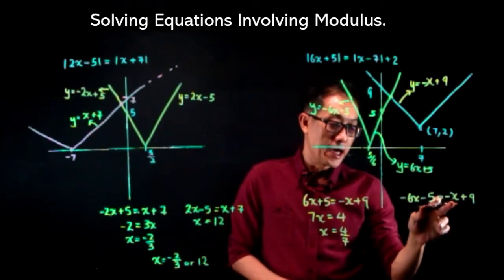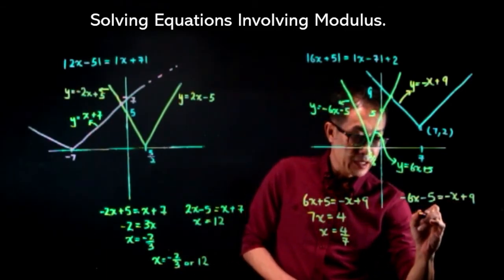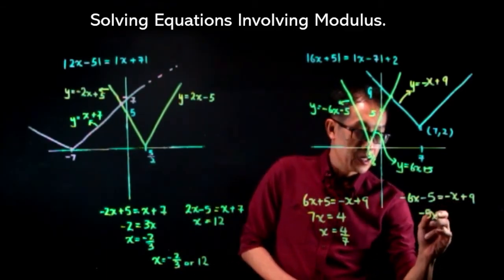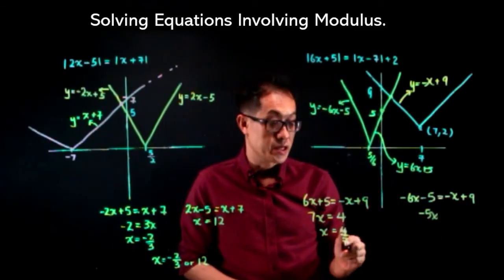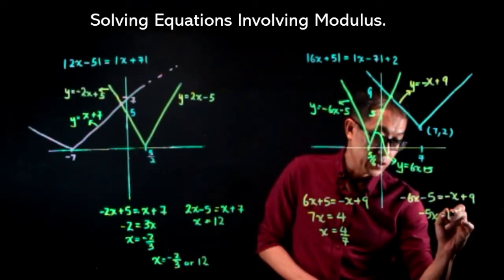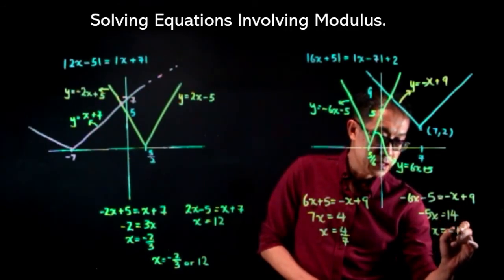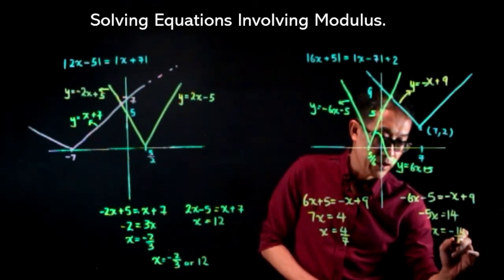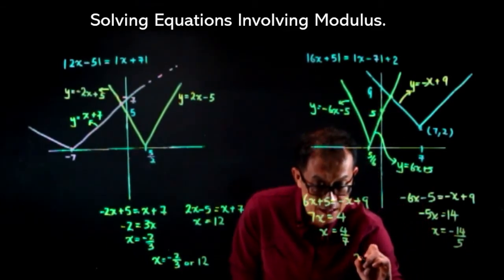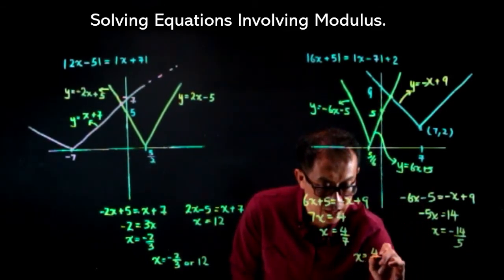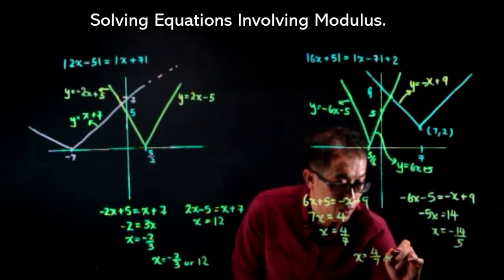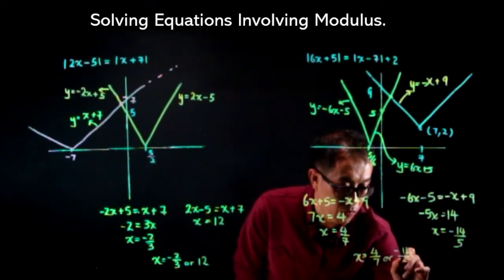You add x on both sides, so you get minus 5x. And then you add 5 on both sides, and here you get 14. So x is minus 14 over 5. So your final answer is x equals 4 over 7 or minus 14 over 5.